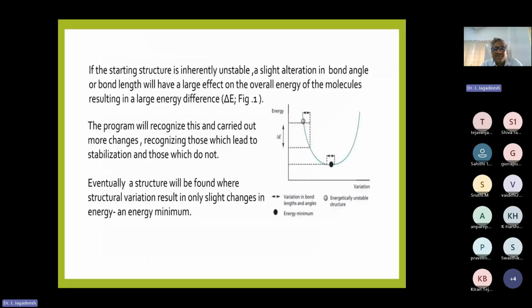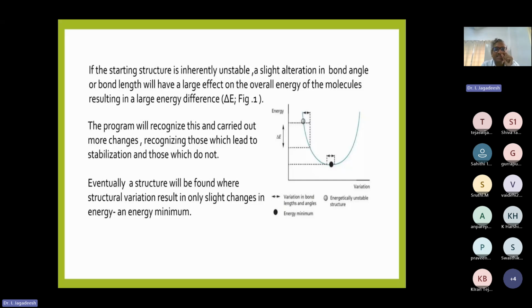So most of the times the reduction in the energy is not like a linear graph. It is like a curvilinear graph, what you are seeing in this particular diagram.